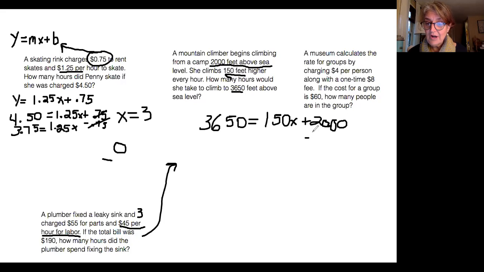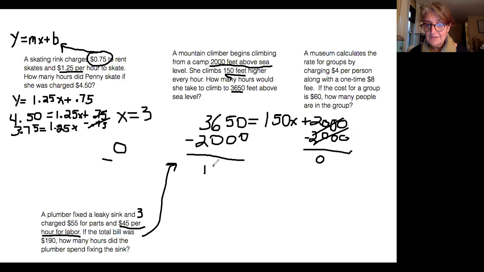So let's subtract the 2,000, get rid of this. This is going to go away. This is going to be 0 on this side. This over here now, this 2,000 is going to bring the number of feet she needs to climb to 1,650.